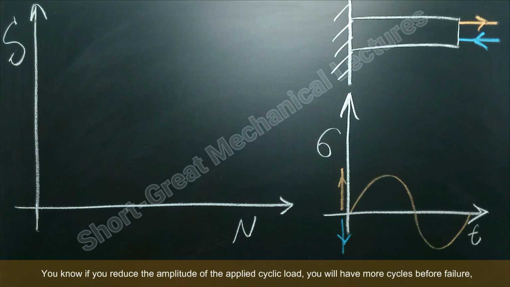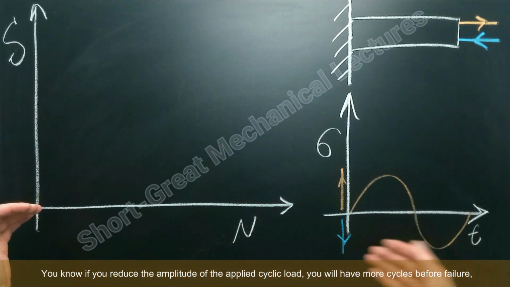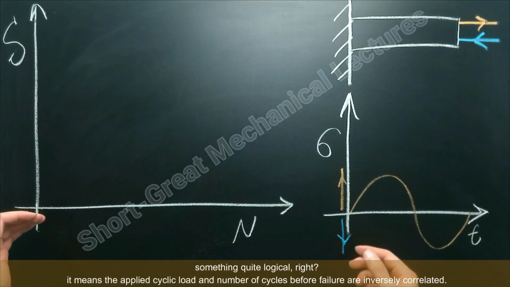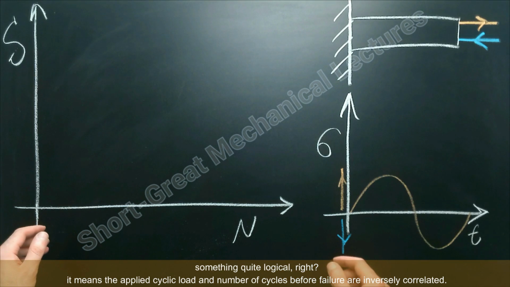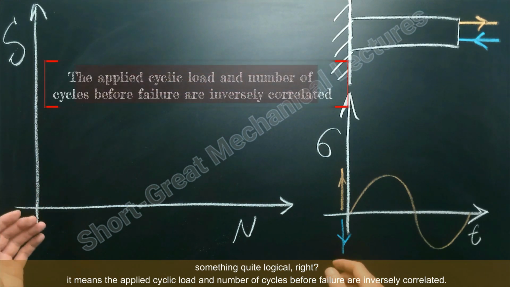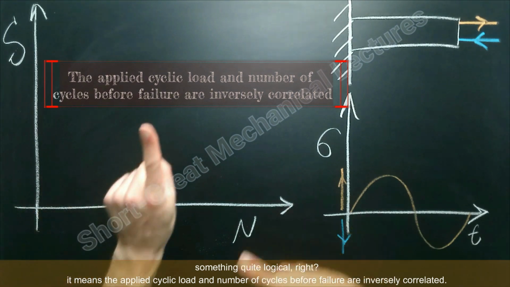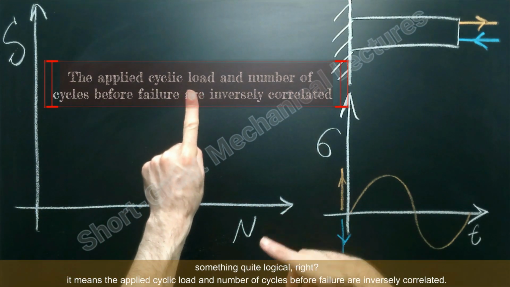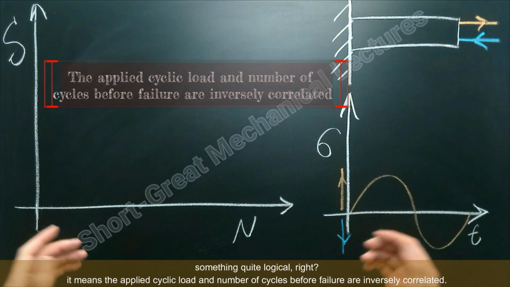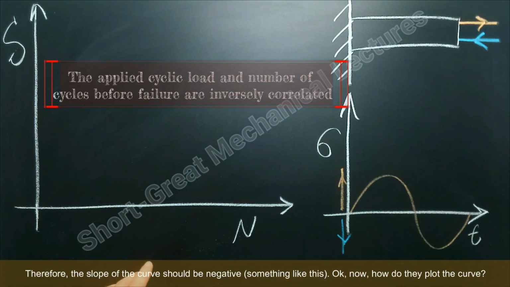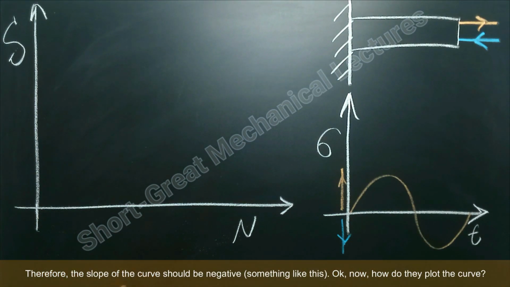If you reduce the amplitude of the applied cyclic load, you will have more cycles before failure. Something quite logical, right? It means the applied cyclic load and number of cycles before failure are inversely correlated. Therefore, the slope of the curve should be negative, something like this.